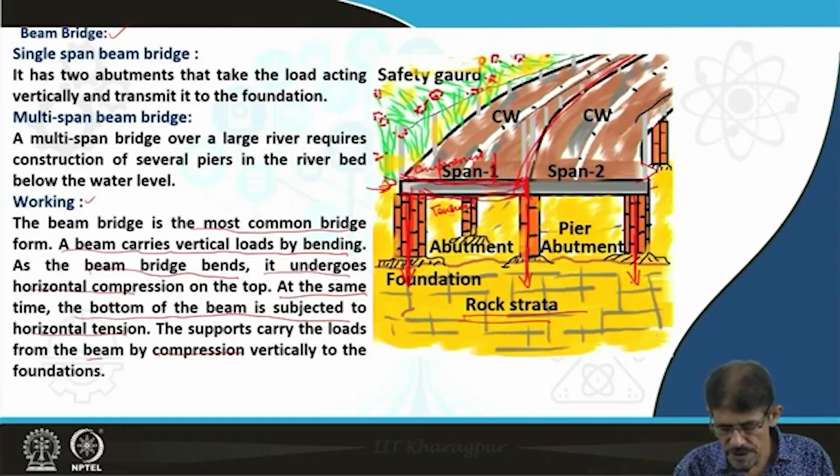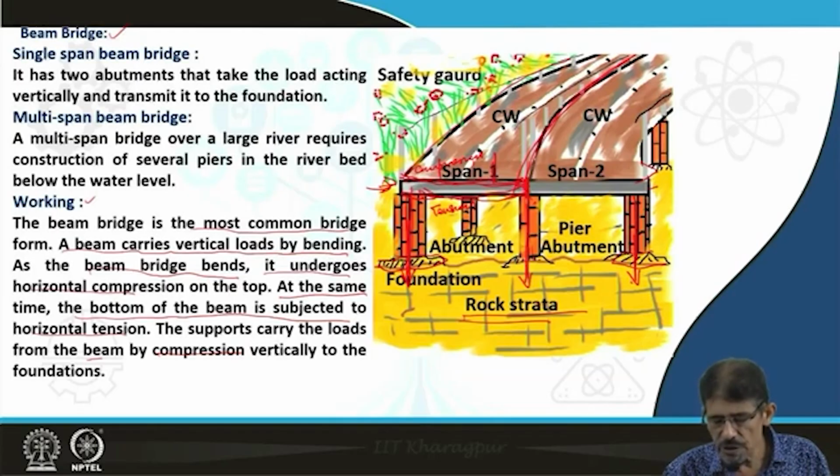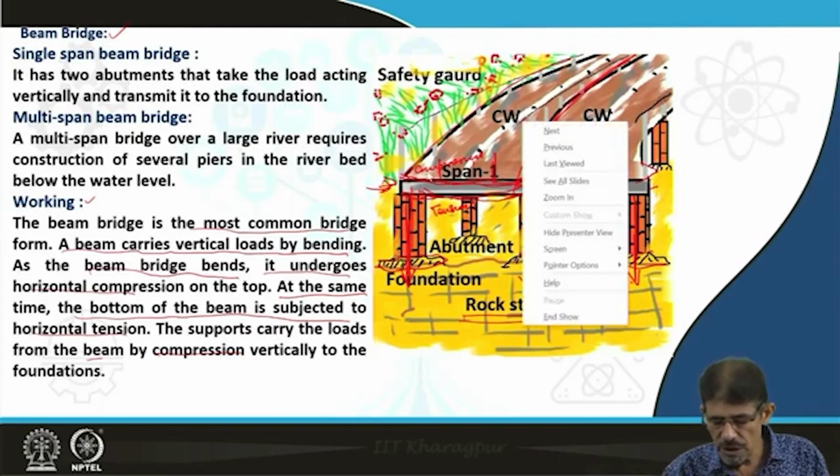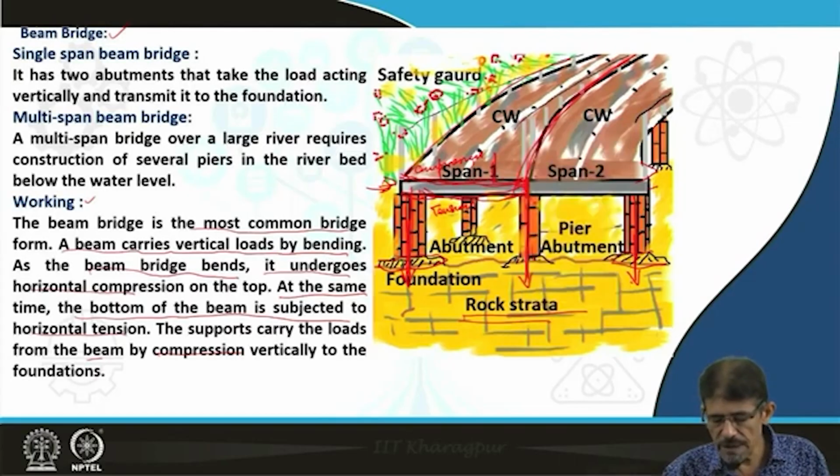You can see here the foundation, abutments and this pillar. The upper portion of this beam bridge is utilized for movement of traffic and is recognized as the carriageway. This part is recognized as the deck.